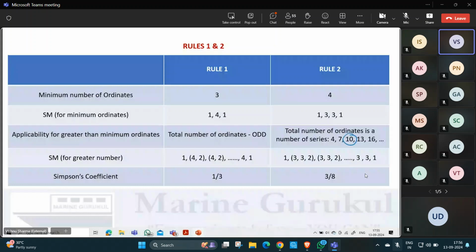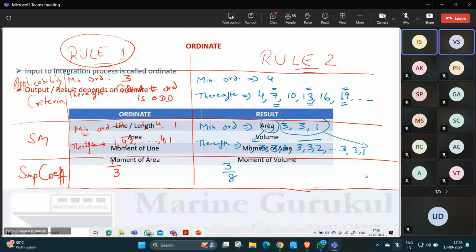And in my first class, I told you that if you imagine the vessel to be cut here, the water plane area would be somewhat of this shape. Yes or no, beta? Am I correct? Yes, sir.